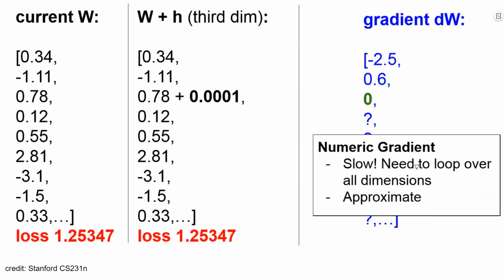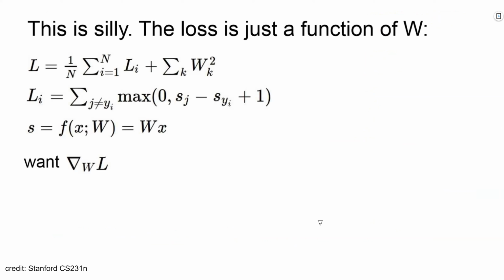However, the thing is, numerical gradient is very slow. You need to loop over all dimensions. And another disadvantage of numerical gradient is that it is just an approximate value, not the accurate value. So this is very silly.